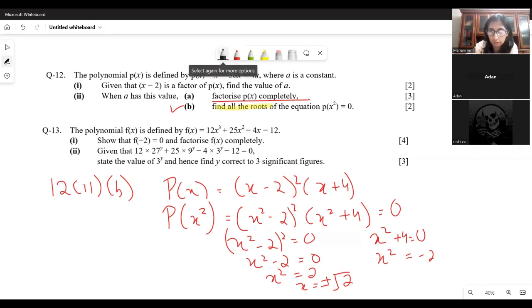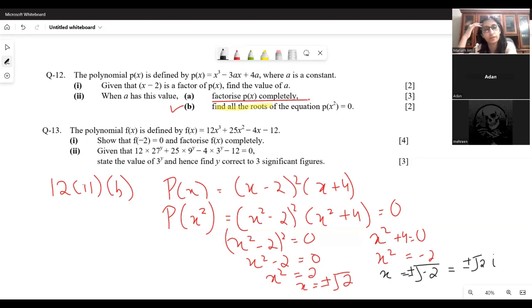So you don't know this yet, but just for now, you can write x equals plus minus the square root of minus 4, which becomes plus minus 2i. Okay, we'll talk more about this when we do complex numbers in a month, most probably. Hopefully sooner. Let's see. So that was question number 12's last part.